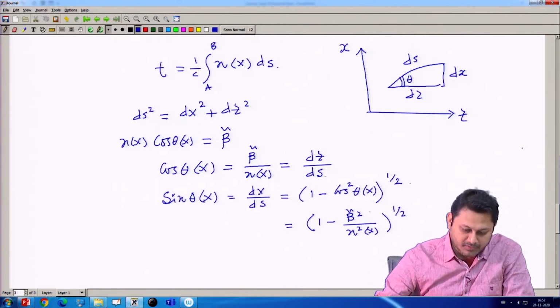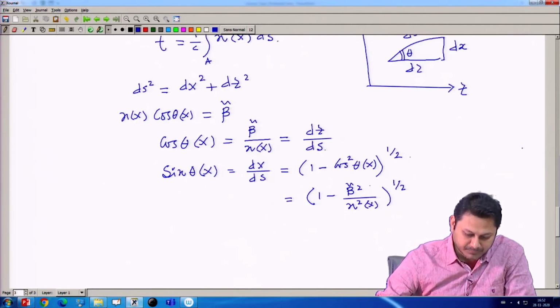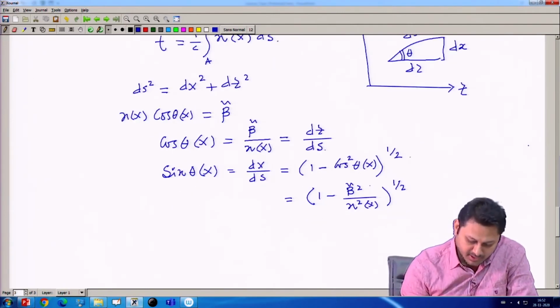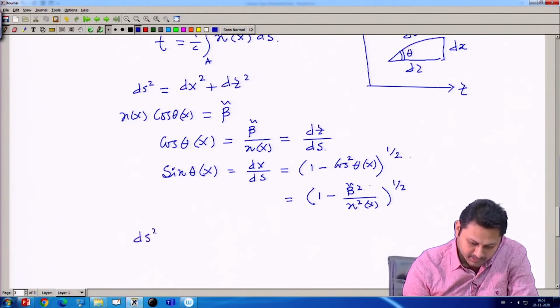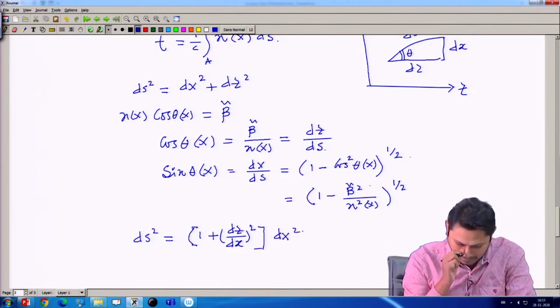Now, already I have ds. So, ds square I can write as ds square is 1 plus (dz by dx) whole square, times dx square.